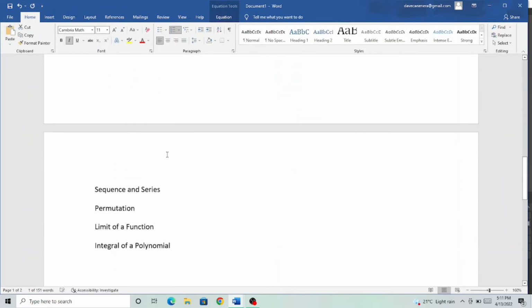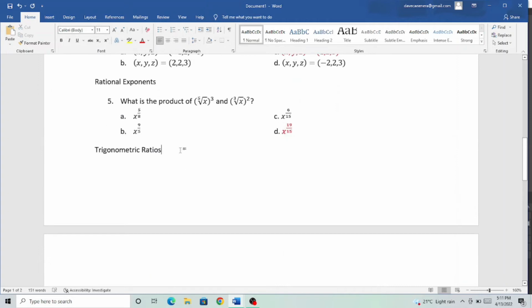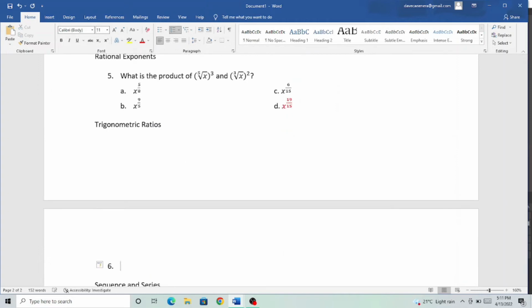So proceeding to the trigonometric ratios, let's say we have a right triangle ABC. So let's highlight this and turn it into an equation format.